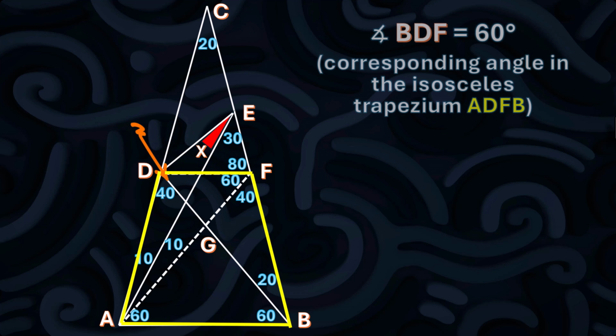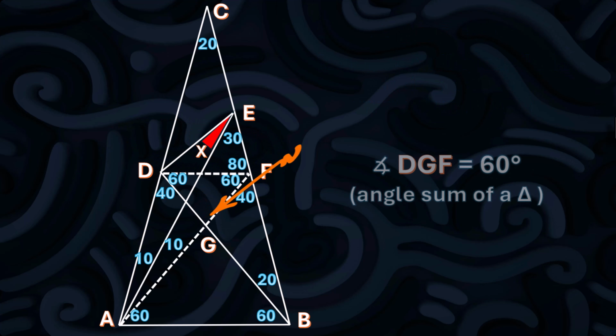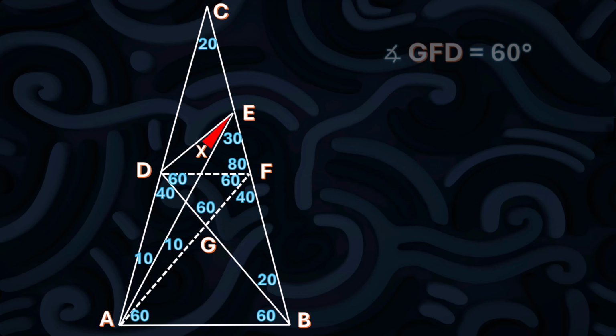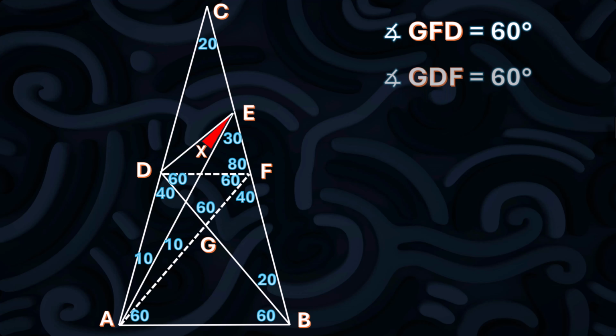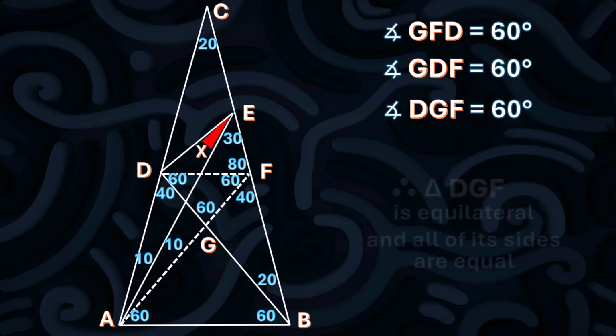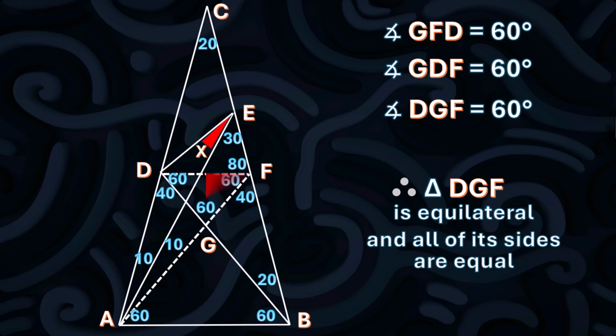And again, its mirror angle, BDF, will also be 60. And then due to the angle sum of a triangle, angle DGF will also be 60. So triangle DGF is equilateral with equal sides.